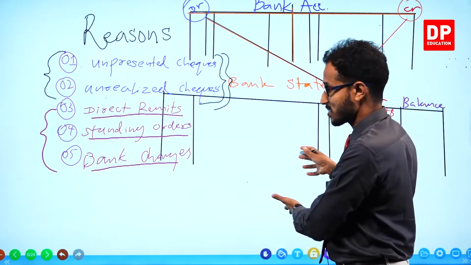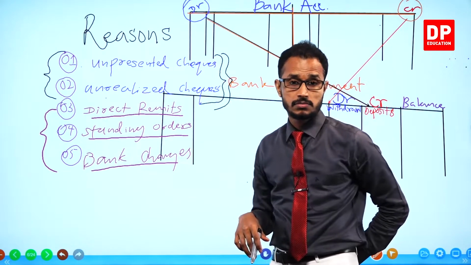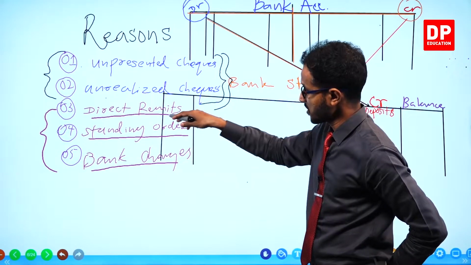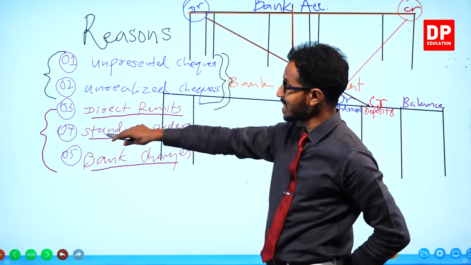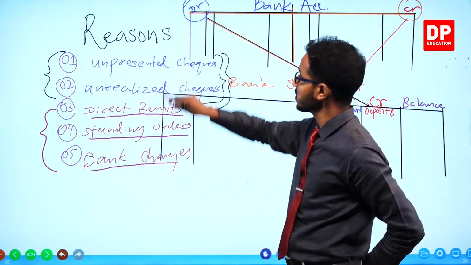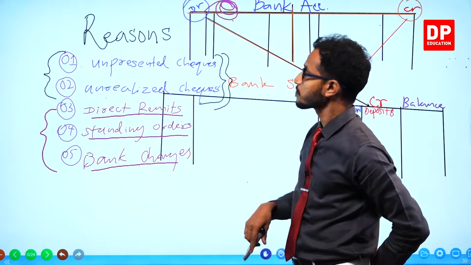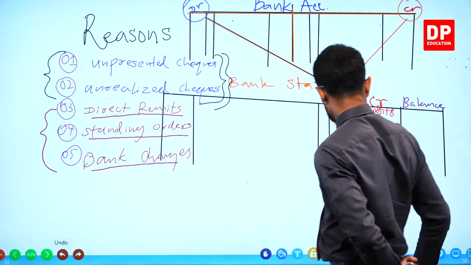So they are in the bank statement, but they are not recorded in our bank account. That's why they are the items which are missing in our bank account. Okay. Right.